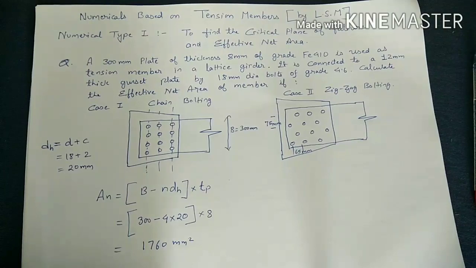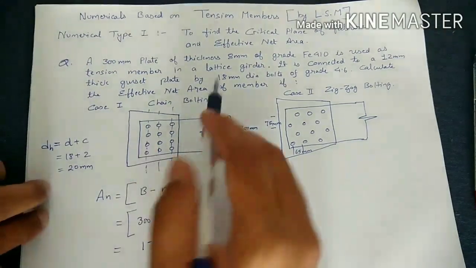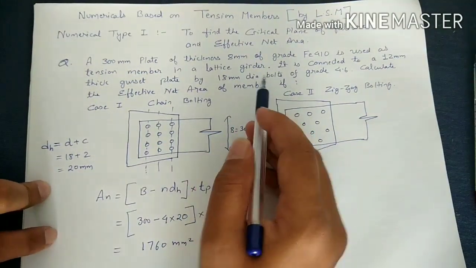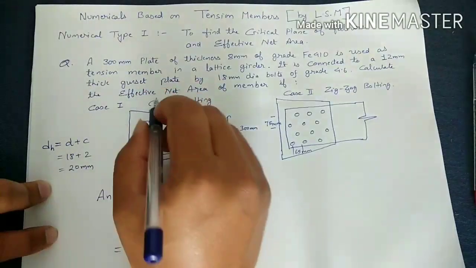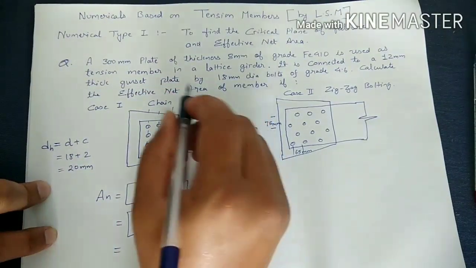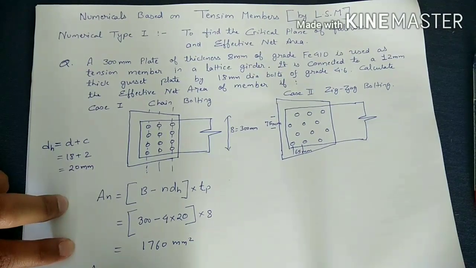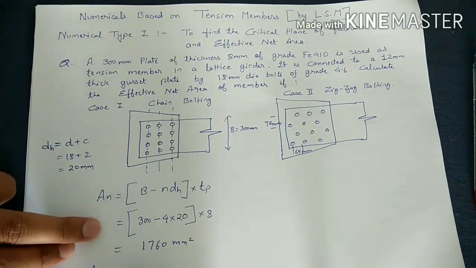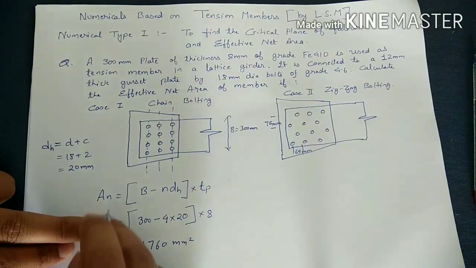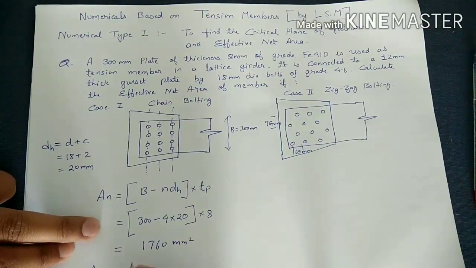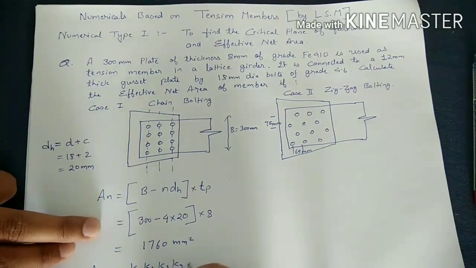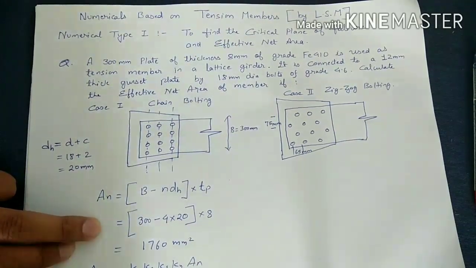Thus, if the question says calculate the effective net area, then we should realize that effective net area, that is ANE, has a relation with net sectional area, that is K1, K2, K3, K4 and AN.